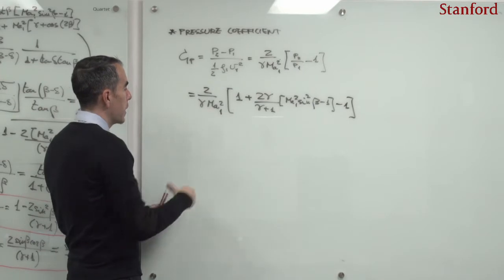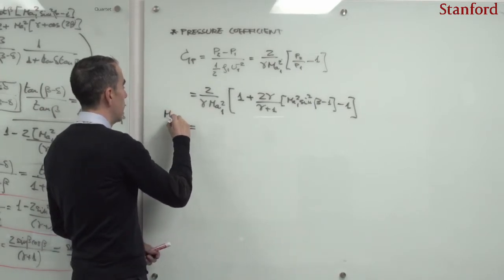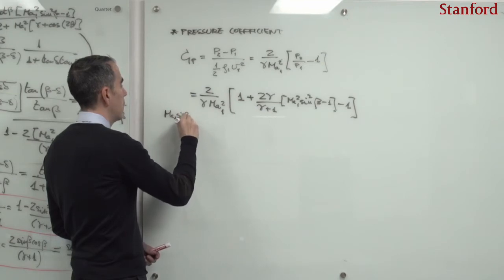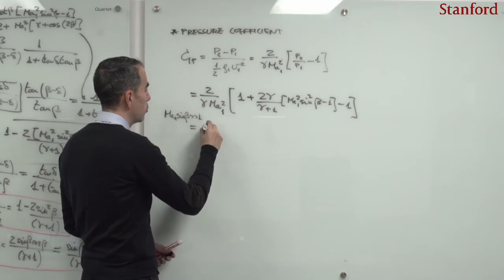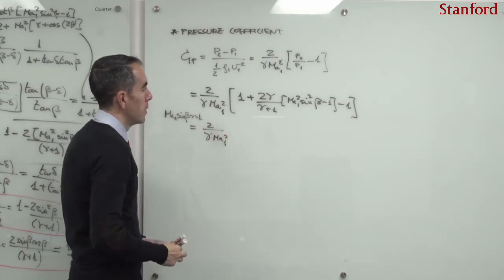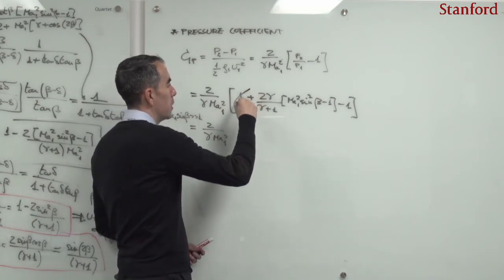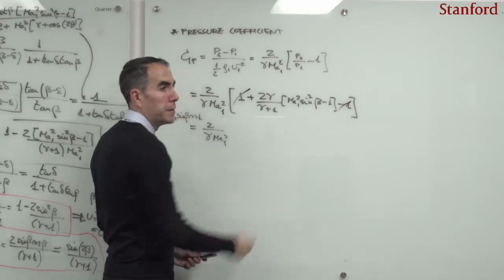So I can again take here the hypersonic limit of this expression. And then I will have that this is going to be equal to 2 over gamma multiplied by Mach 1 squared. So this one and this one go away. This is much larger than this other one.